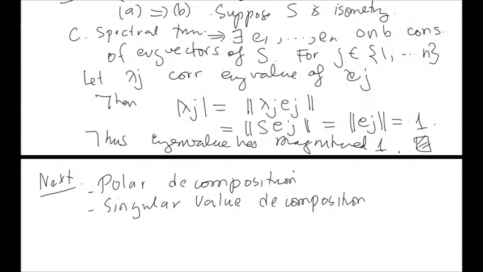So what are these things? Polar decomposition, we can relate this to the existence of an isometry such that this isometry has a nice presentation, which is just in terms of the square root of an operator.